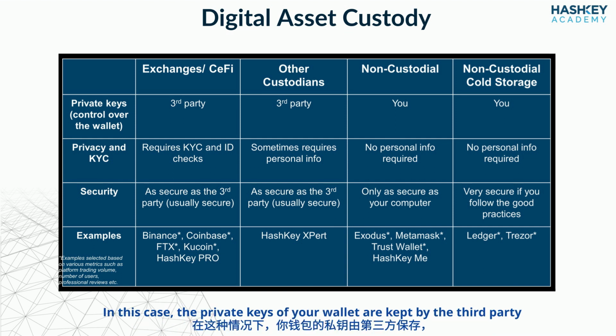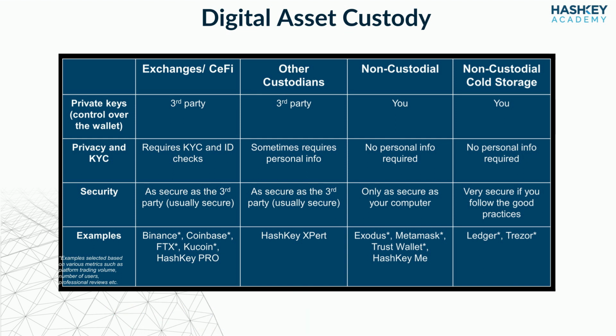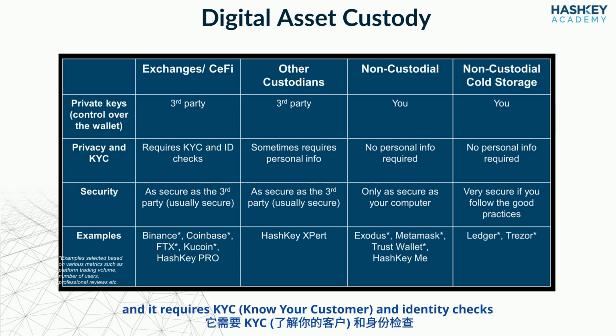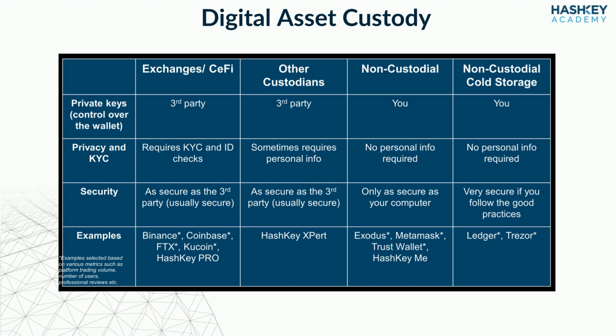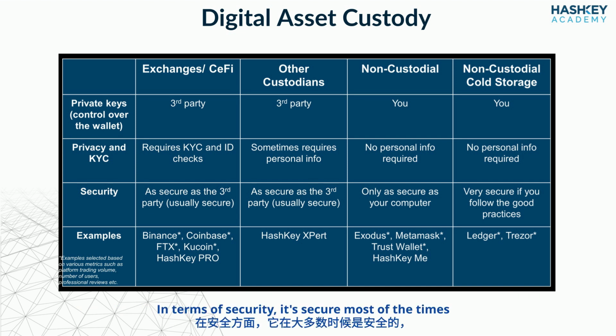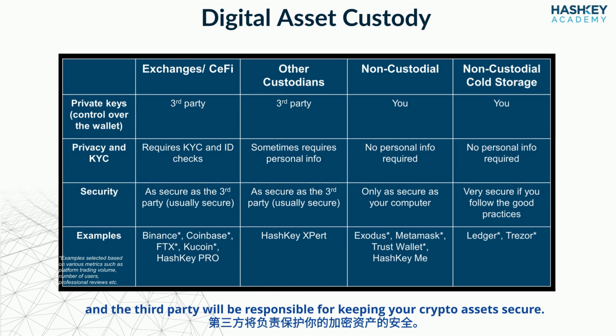In this case, the private keys of your wallet are kept by the third party, and it requires KYC, know your customer, and identity checks, meaning that you'll have to provide your ID card, proof of address, and so on. In terms of security, it's secure most of the times, and the third party will be responsible for keeping your crypto assets secure.